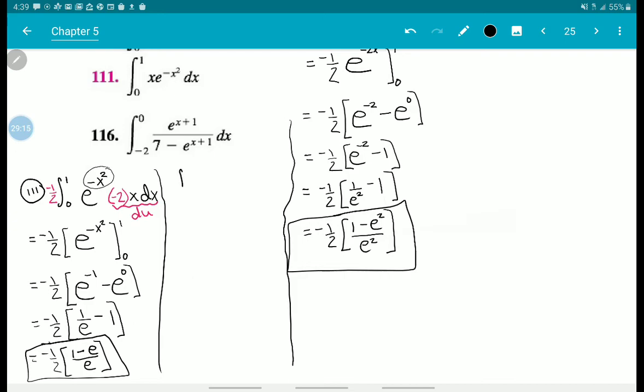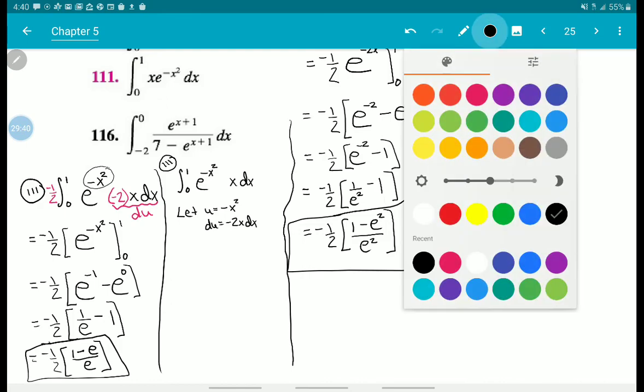So we're integrating from 0 to 1, e to the negative x squared x dx. We would start, this is still 111 by the way, by letting u be that exponent, negative x squared. So du would be negative 2x dx.